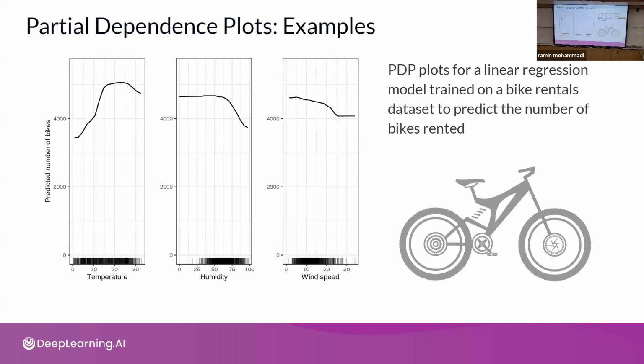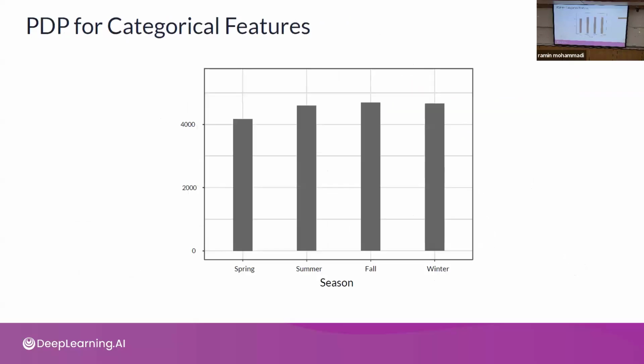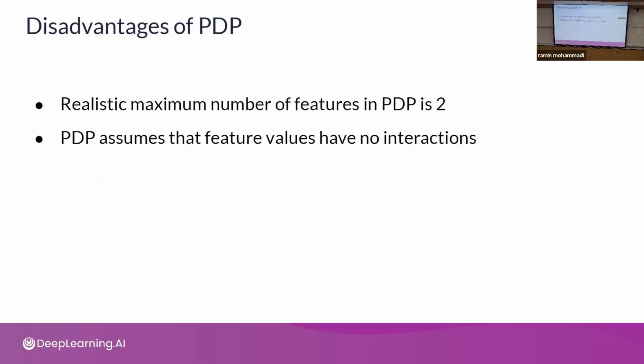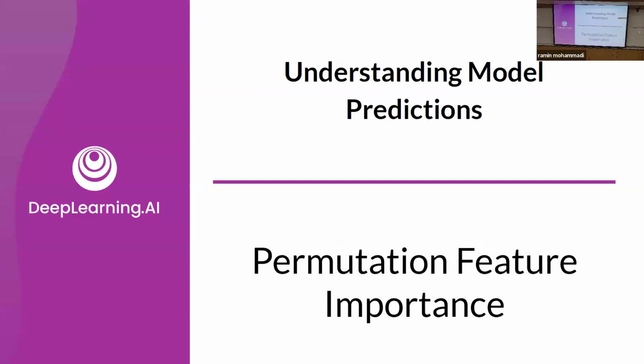This is what you can get from PDP: for the bike prediction, the number of bikes and temperature, it tells you if there are certain patterns for that column. If it's categorical, it can also give you something like this. Advantage: the computation is intuitive, easy to interpret, and easy to write. Disadvantage: as I said, you can only do 2 versus all, not more than that, so it becomes challenging if you have too many data points.